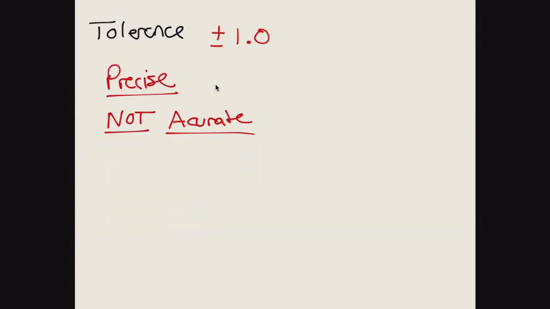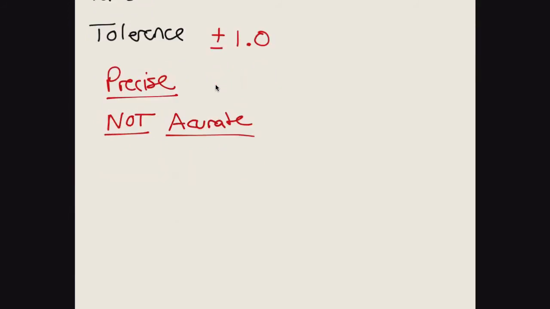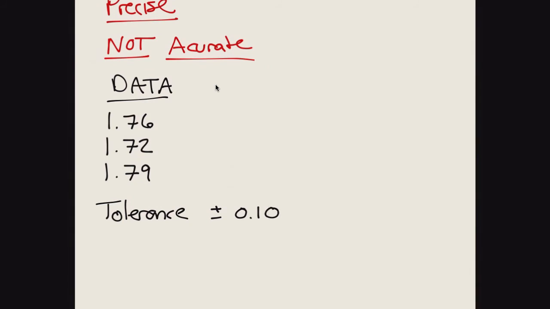Let's look at another example here, different data. 1.76, 1.72, 1.79. Okay, that's my data. My tolerance, so how far off they can be, is plus or minus 0.10.